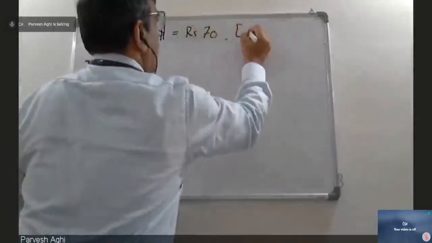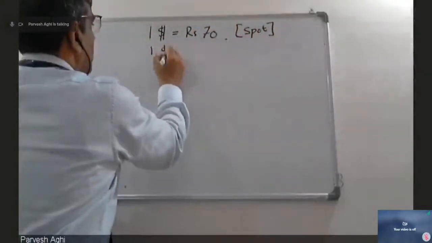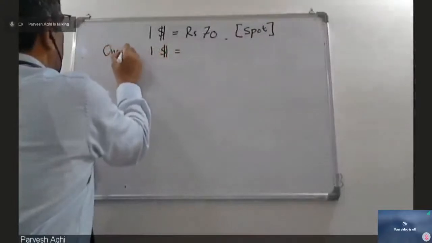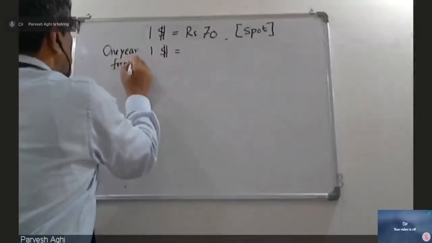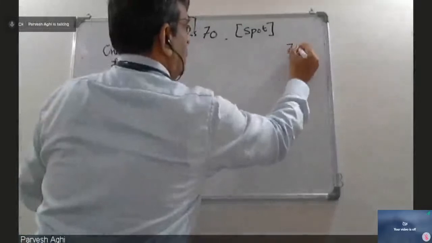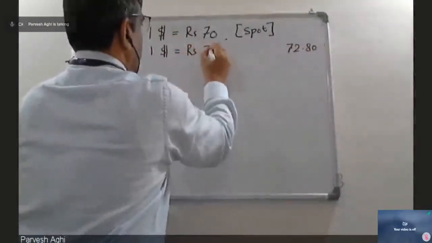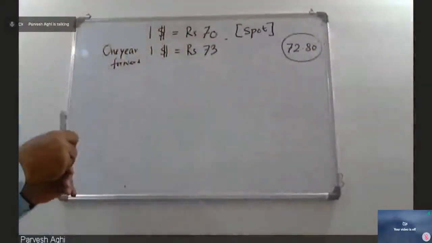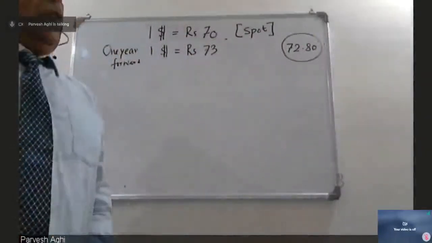So this is the spot rate, and we are talking about the 1 year forward rate. This should be 72.80, but suppose it happens to be 73. As per the interest rate parity theory, it should be 72 rupees 80 paisa. But assume that it is 73 rupees.